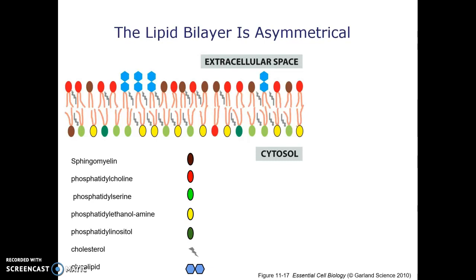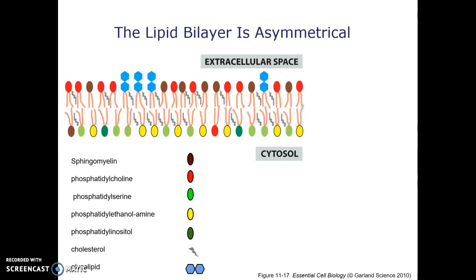And so, we actually have proteins that can move phosphatidylserines inward and the phosphatidylcholines outward. And those proteins are actually called flippase and floppase. Flippases move things to the inner leaflet and floppases move things to the outer leaflet.